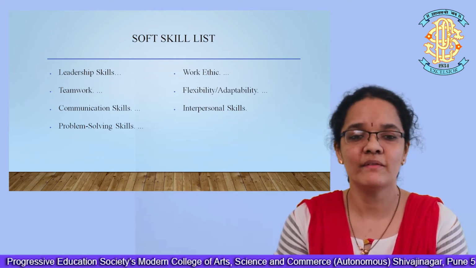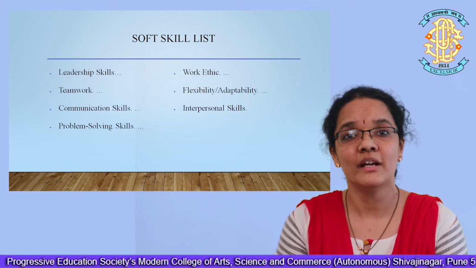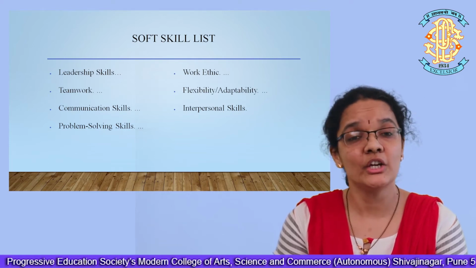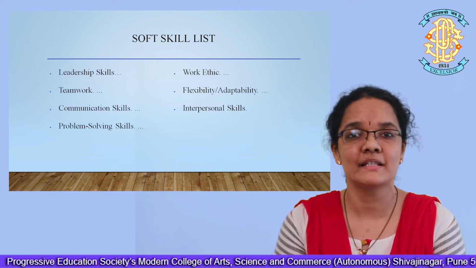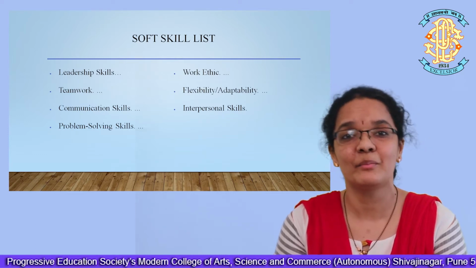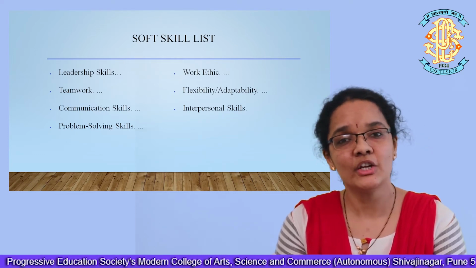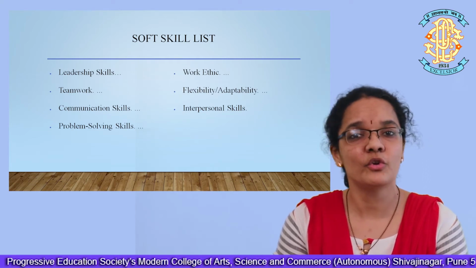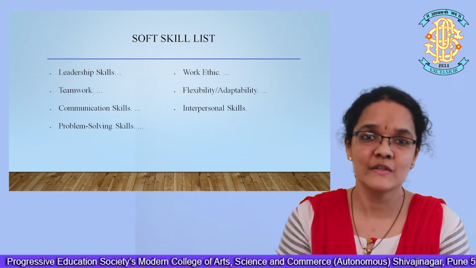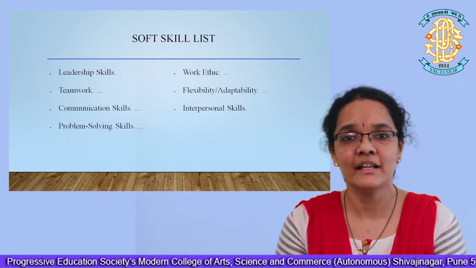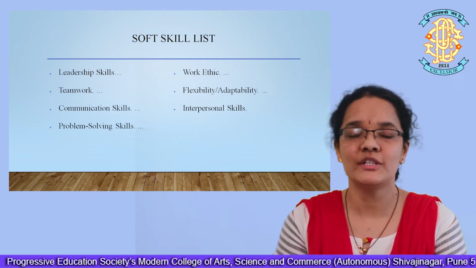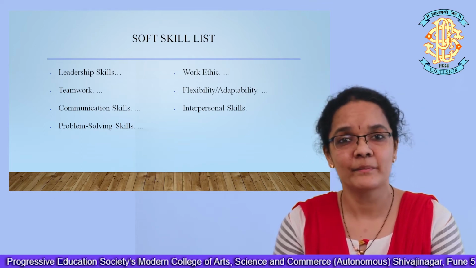So in short, we can say that in today's world, the top skills which a graduate should have are: first, commercial awareness about the current updates. Secondly, proper communication, it could be in English, his basic language, and Hindi as a national language. Thirdly, he should be a good team worker and team player.